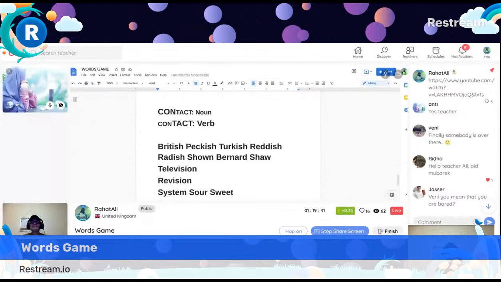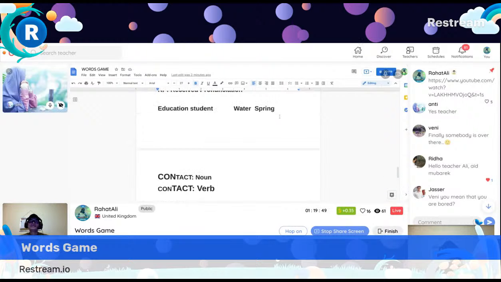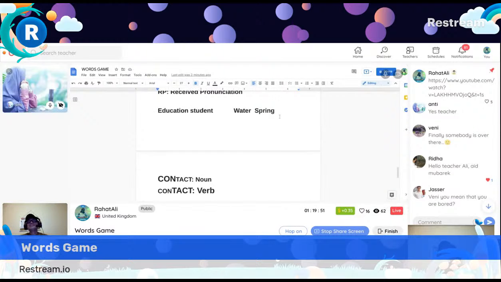So, Auntie, we are playing a words game. I have given two pairs of words: education, student, water, spring. What you have to do is make sentences and connect them to each other. Maybe you can make one sentence or two or three.